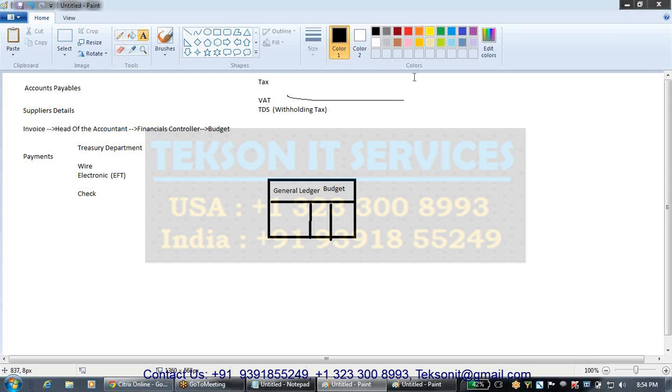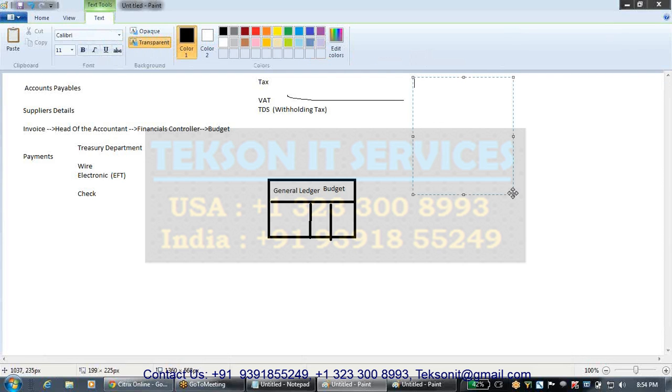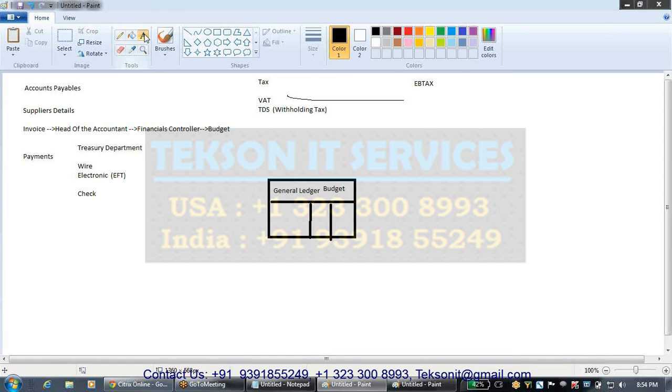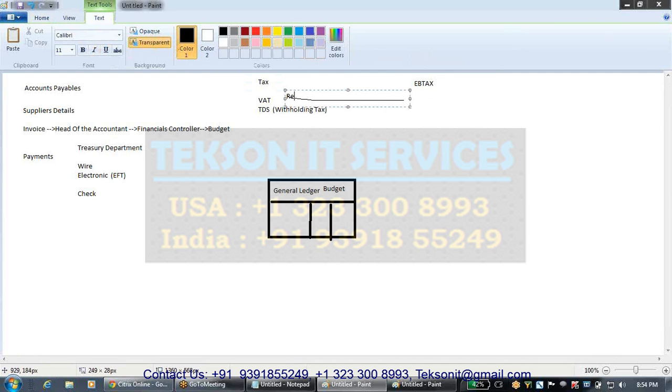We are configuring the new module called EB tax, e-business tax. In the VAT, we have different types of VATs, like recoverable and non-recoverable.